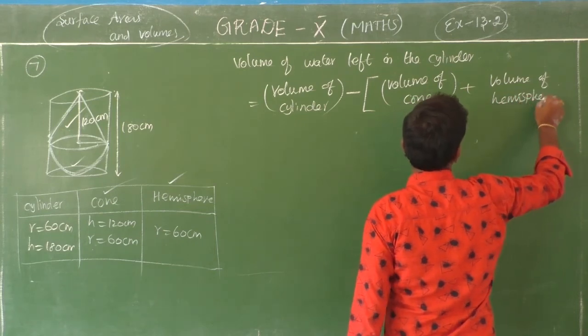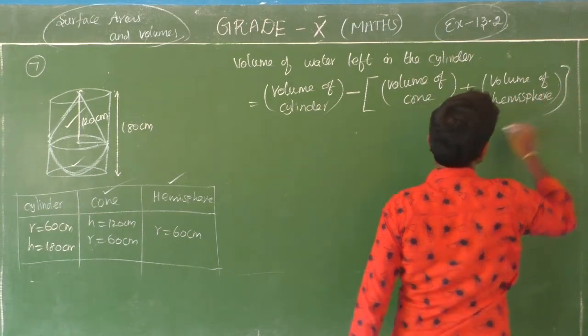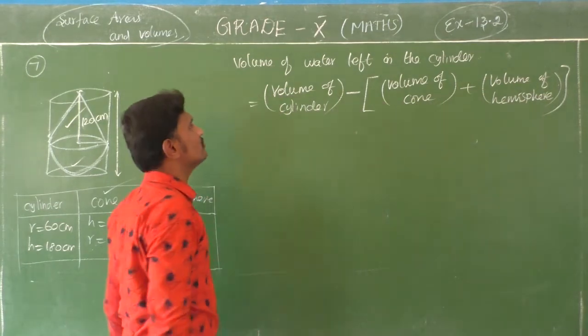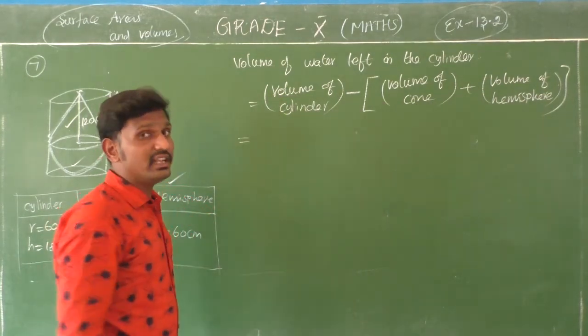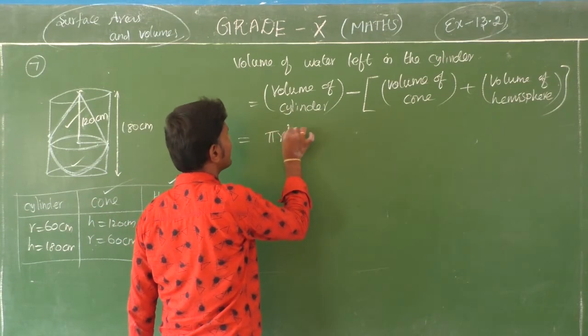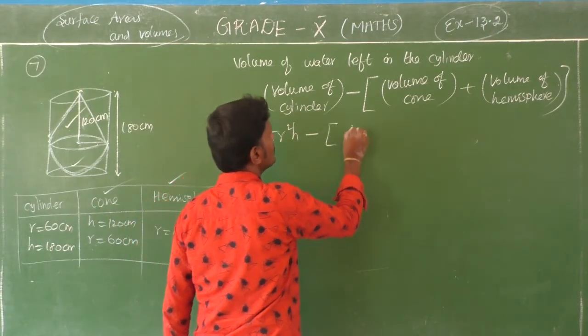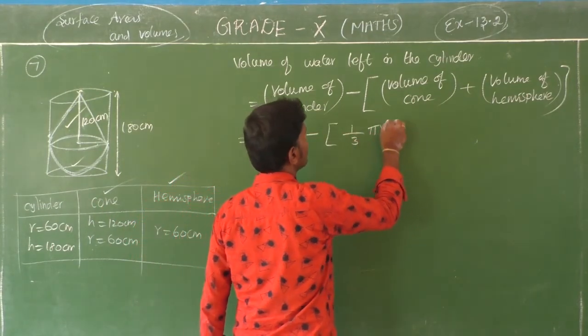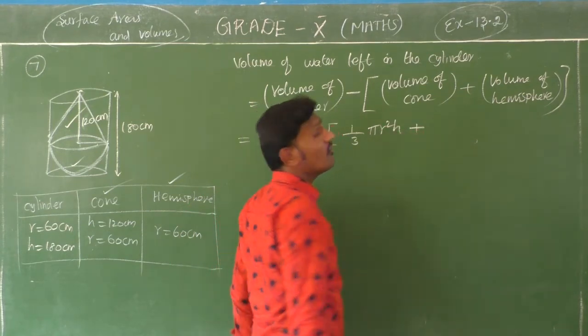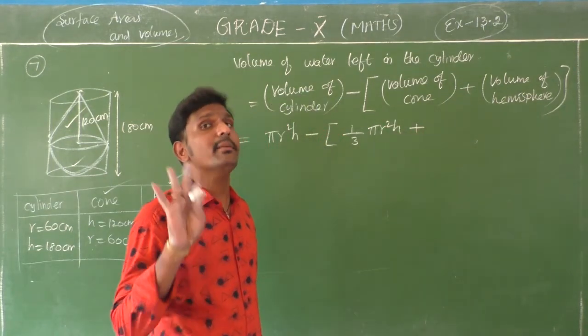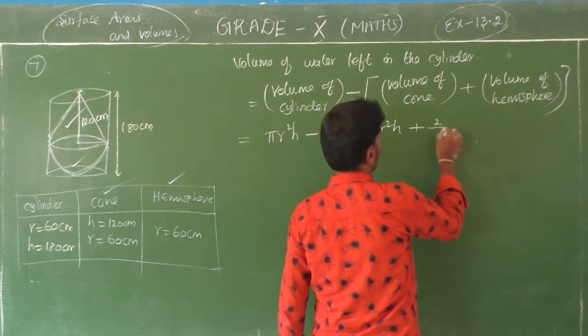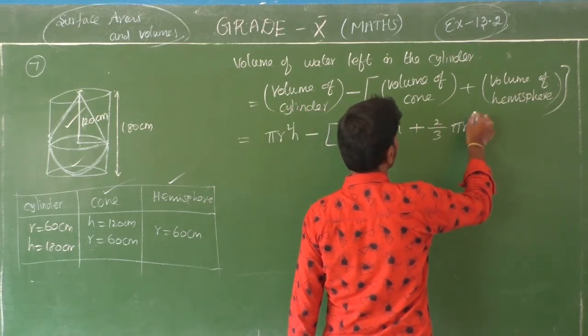Now we are going to substitute the formula. Volume of cylinder is pi r square h minus volume of cone, which is 1 by 3 pi r square h, plus volume of hemisphere, which is 2 by 3 pi r cube.